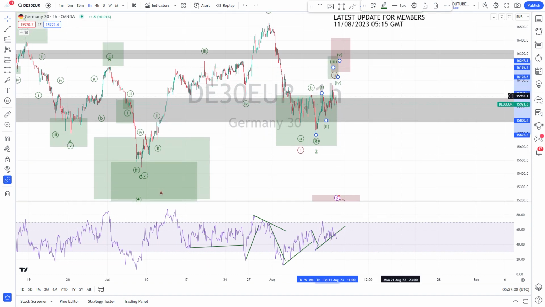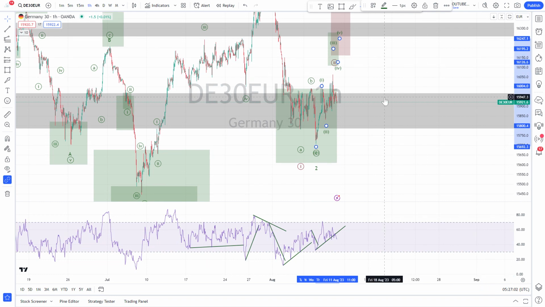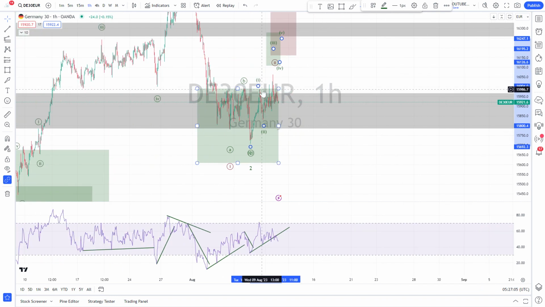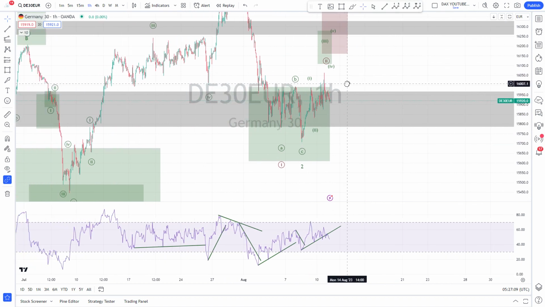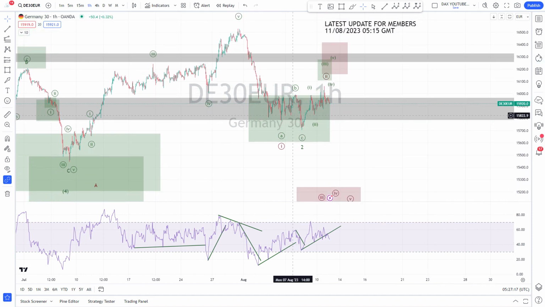So yesterday, shortly after recording, we took out this high indeed, and then I updated my chart in the sense that I assumed that in the bullish scenario the wave 2 low was in here, so that we have an A, B, C, and that we now started our wave 3 to the upside.